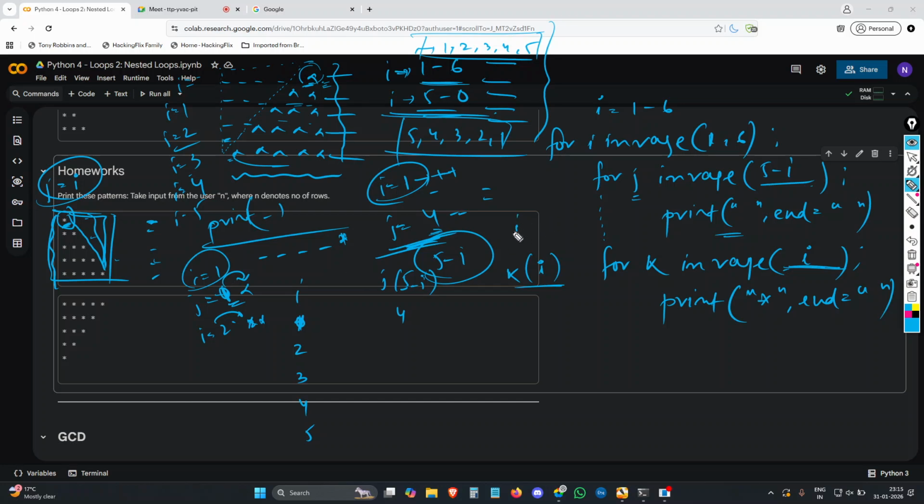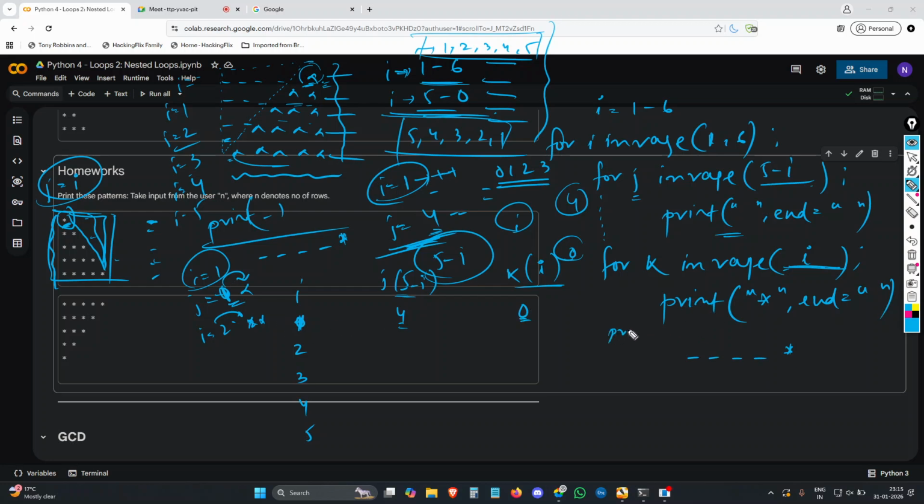If I is 1, K is range of I, that means 0, right? For 0, 1 star will be printed. But 5 minus I means 4, that means 0, 1, 2, 3, right? 4 spaces, correct? So for the first iteration, I will have 4 spaces and then 1 star for this 0.